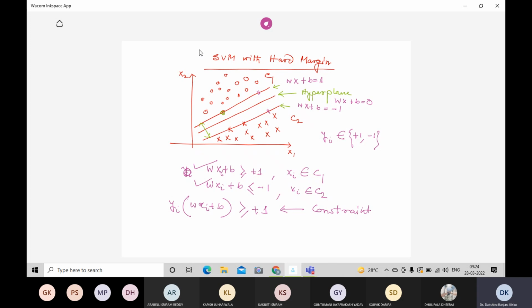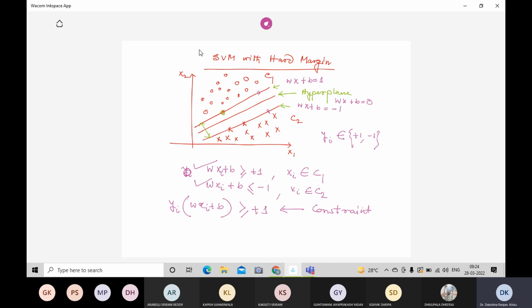Okay, so if we verify for the negative class or positive class, then if we consider the positive class, yi is positive, and w xi plus b is also positive. Therefore yi times (w xi plus b) will be greater than or equal to positive.